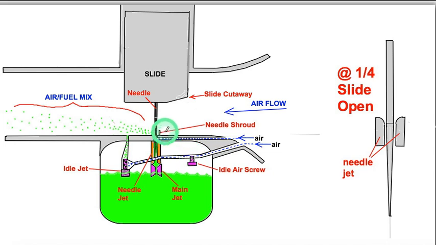Cutting it down leans out the mid-range, okay? But because there's less suction there, also at wide open throttle, you have to increase the main jet. Okay, but what are you doing? Let's say this is your graph, okay, showing that it's richer mid-throttle.